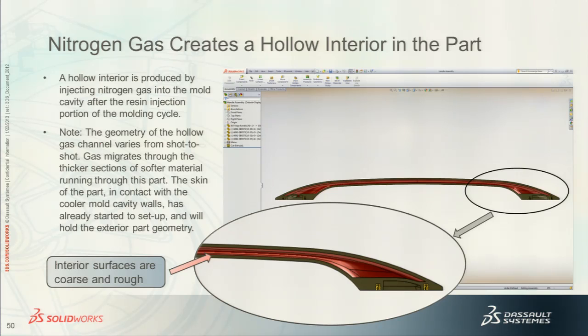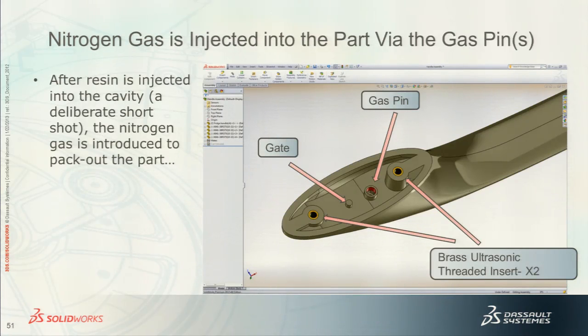Your outer surfaces are in contact with your mold, so the plastic skin is already being formed and being set up. The material in the middle of the part cavity is still soft enough where when you inject nitrogen gas, it will inflate a channel running through the entire length of the part.